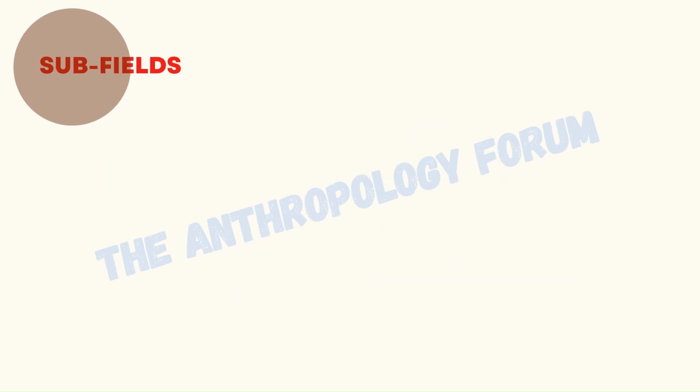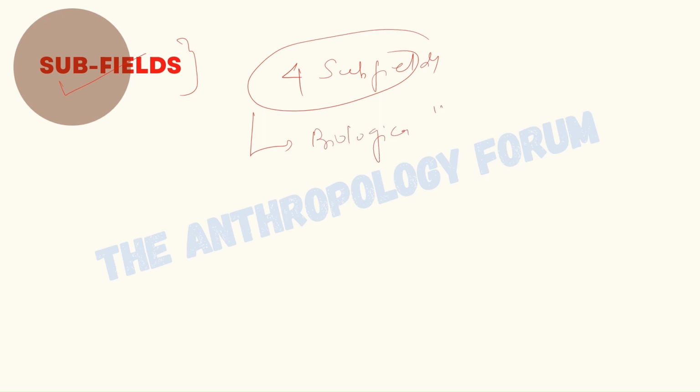So the next subheading is the subfields of anthropology. Anthropology as a subject is much wider in scope, as we have seen throughout this lecture, but it has been broadly classified into 4 subfields, namely biological anthropology, cultural anthropology, linguistic anthropology, and archaeological anthropology.